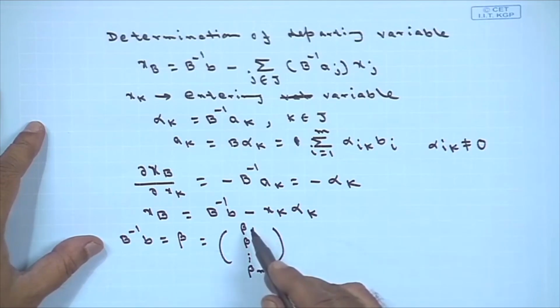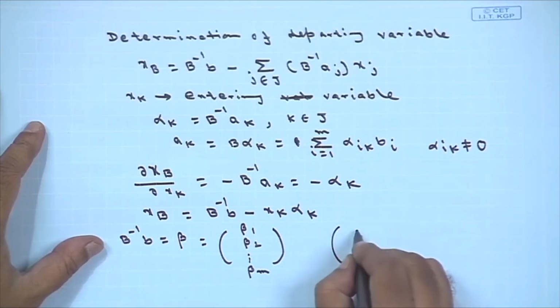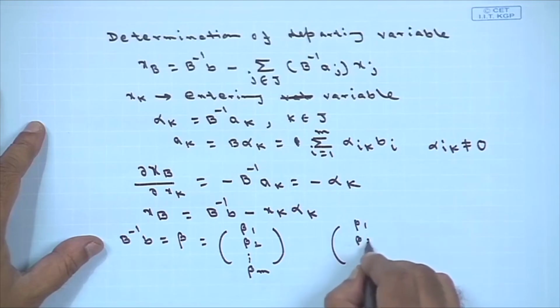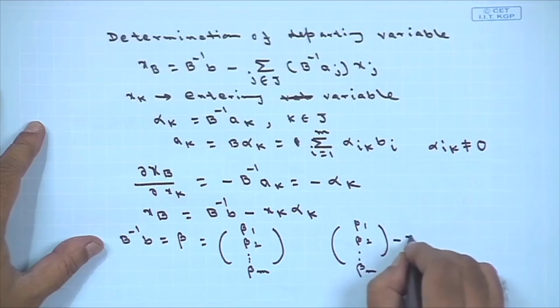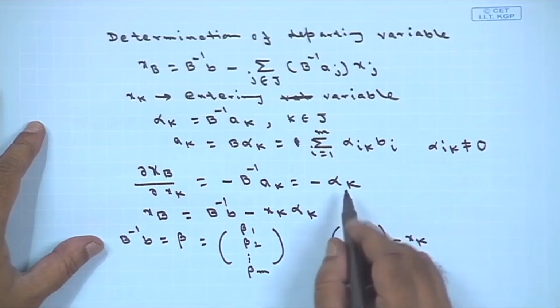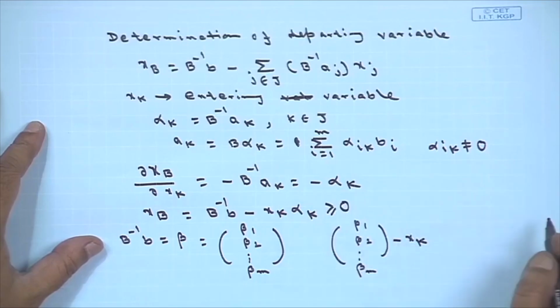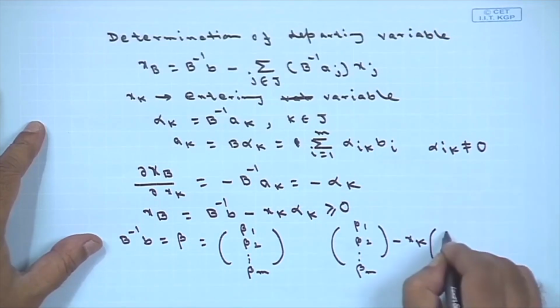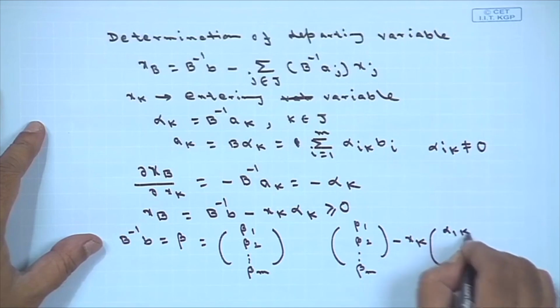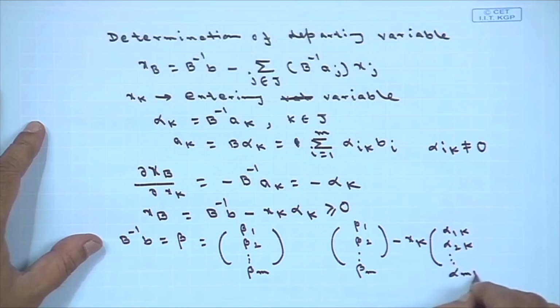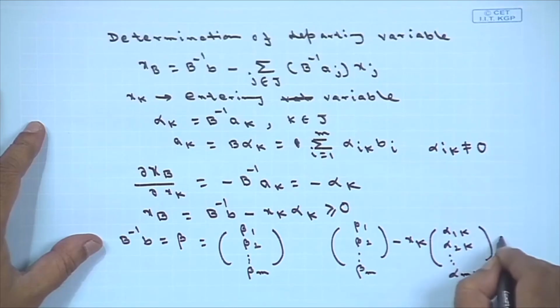In that case, you can tell that beta 1, beta 2, like this way beta m, minus x_k into alpha 1k, alpha 2k, like this way alpha mk, and this is greater than equals 0, because x_B always will be greater than equals 0.